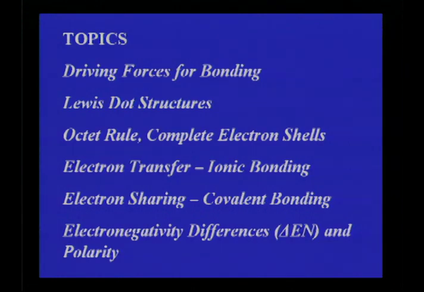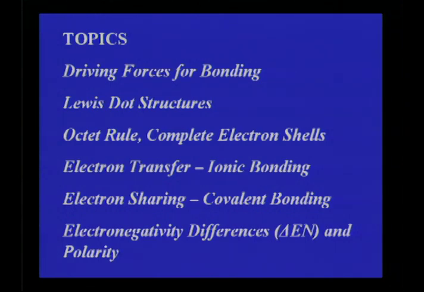The driving forces for bonding that I already touched upon, the valuable Lewis dot structures that allow us to follow through the procedure of chemical bonding. The driving force being mainly the octet, therefore we call it the octet rule, that the valence shell achieves an electron octet, although there are exceptions to that rule, meaning complete electron shells essentially, particularly the valence shell.